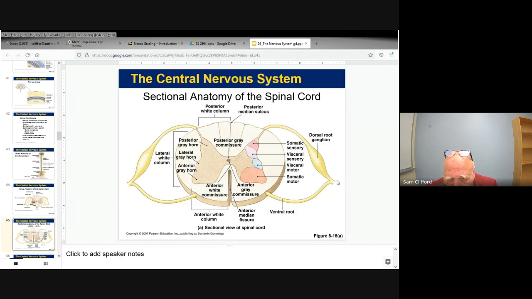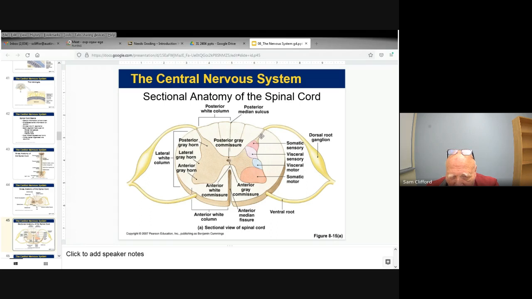So input comes up, remember, through the dorsal root ganglion, through the dorsal root into the top of the horn, which is called the dorsal gray horn, or the dorsal or posterior horn. Information from muscles, from joint position, muscle contraction, all the information of what's happening in all the systems of the body, digestion, respiration, urination, and so on.